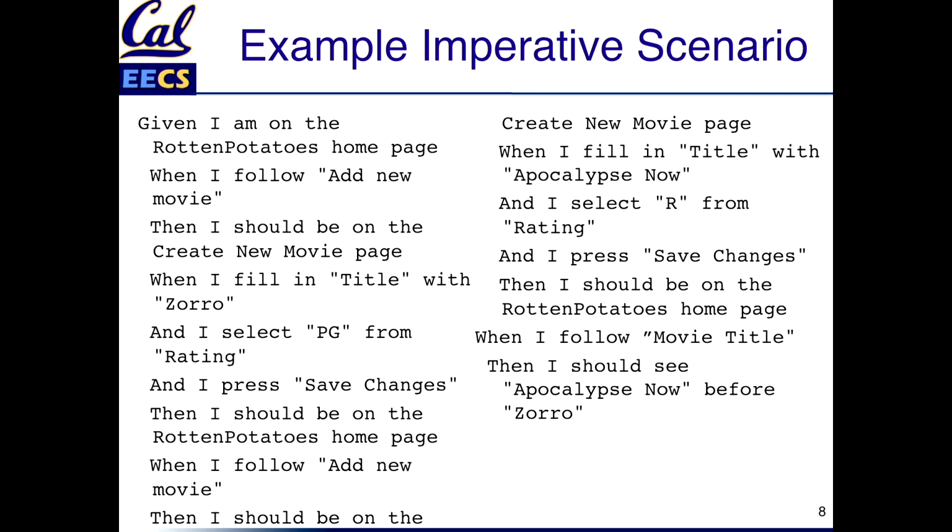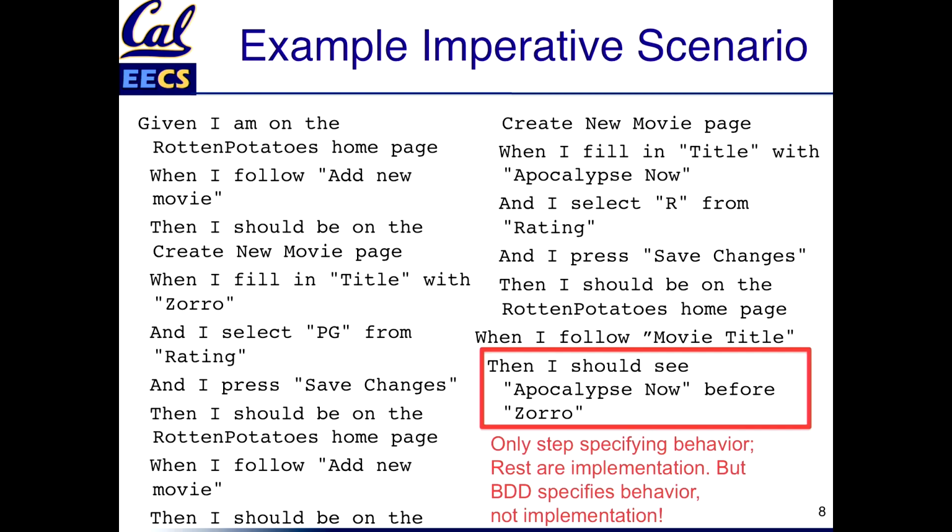Then I should be on the Rotten Potatoes homepage, and I should see Apocalypse Now before Zorro. That was a lot of steps to go through, to change from the state I was originally in into the state I wanted, so I could do this one test. That's the behavior I'm after, that it's in alphabetical order.